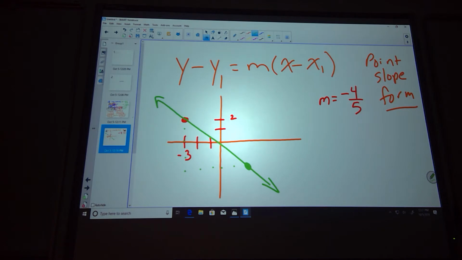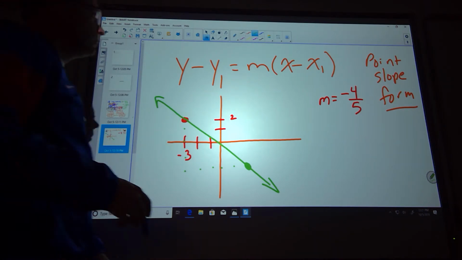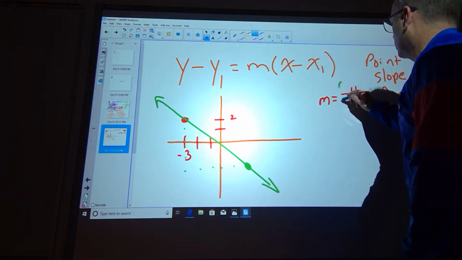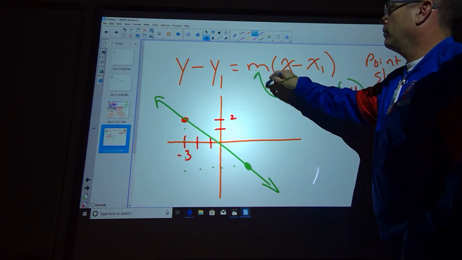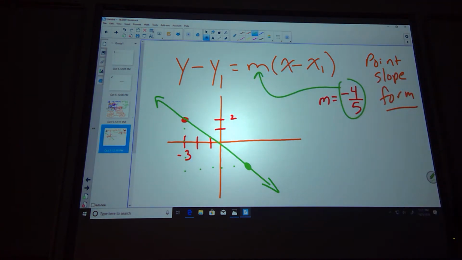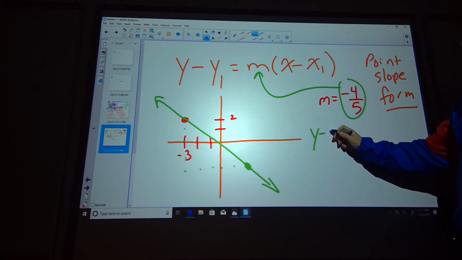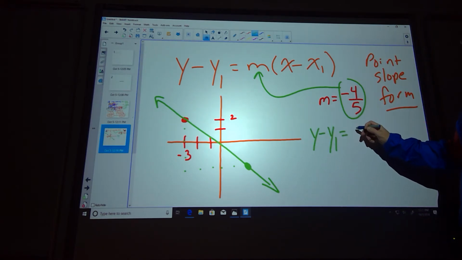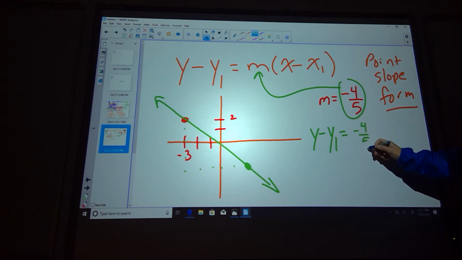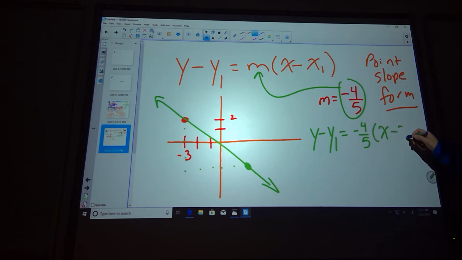Agreed? Okay, so now, I think you're totally okay saying, hey, that goes in. No questions, right? So let's just see what happens here. I haven't plugged any points in, I just put the slope in.